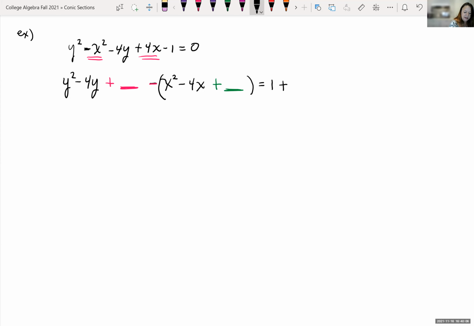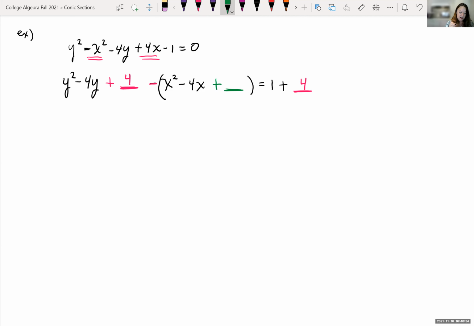But if we add something to one side, we have to add it to the other. So whatever we're adding to the y terms, let's figure that out now. The same number that you would add to give you negative 4, you square that number, and that's what we're adding. The same number that we add to get negative 4 is negative 2. Negative 2 quantity squared is 4. So I have to add 4 over here.